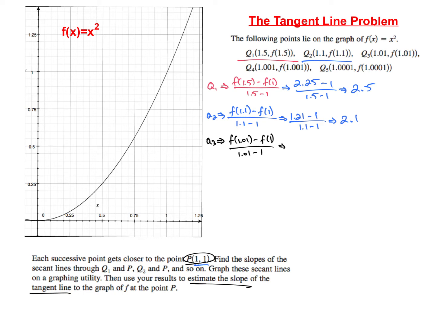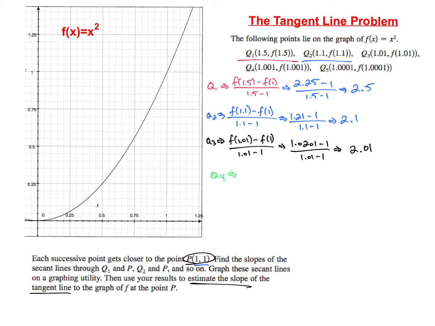What is f of 1.01? 0.01 minus f of 1 over 1.01 minus 1. So what's my slope there? 2.01.